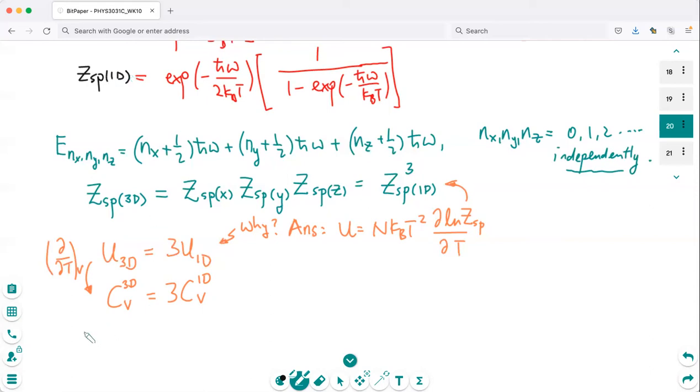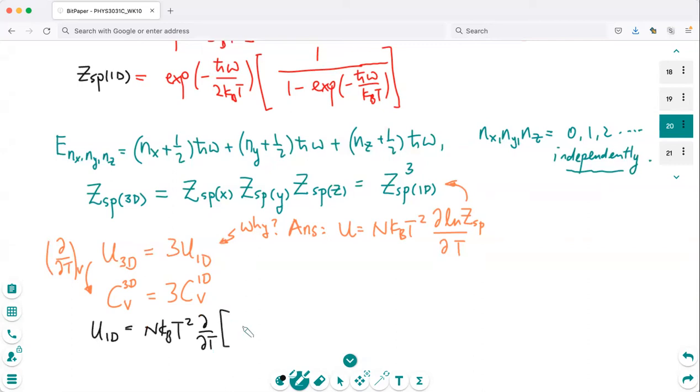Okay, let's begin to calculate U1D. We have this formula I just wrote. So this is N kB T squared times the partial derivative of the log of this formula here. I take the log. This becomes two terms, right?